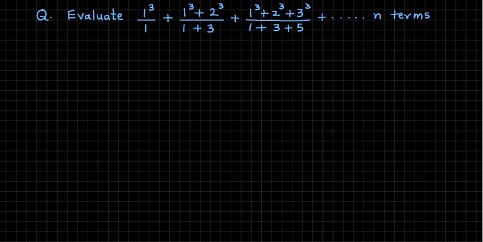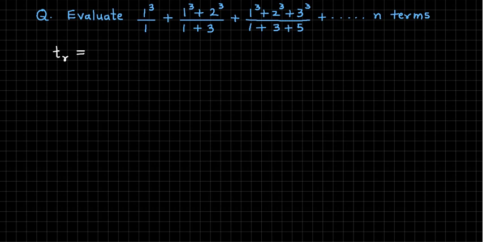Now here it is given as 1 cube upon 1 plus 1 cube plus 2 cube upon 1 plus 3 and so on, and this also we have to evaluate for n terms. Once again we have to develop the expression for the rth term in general.